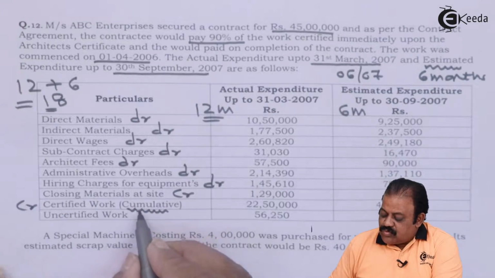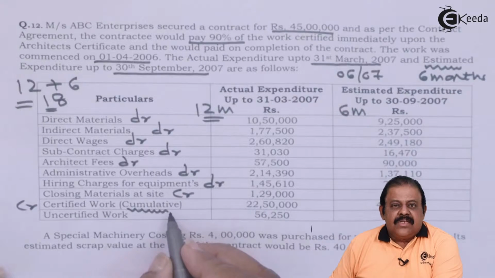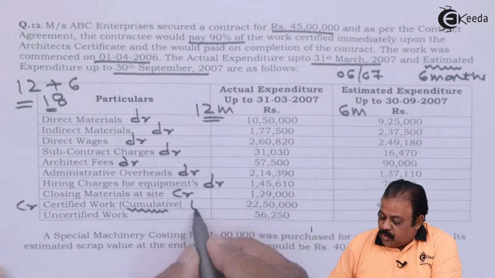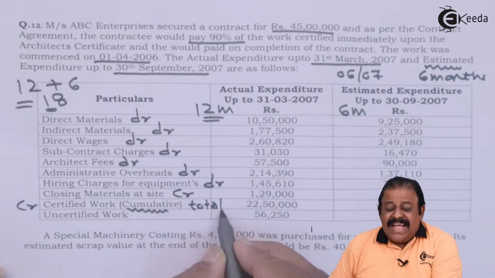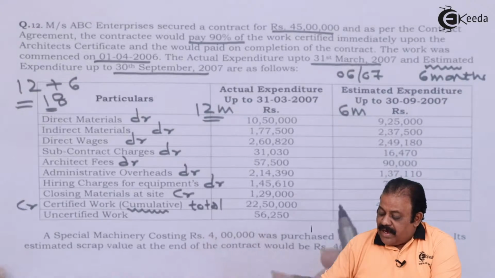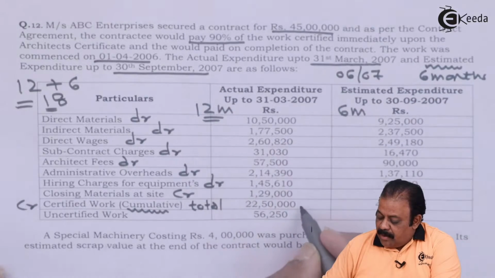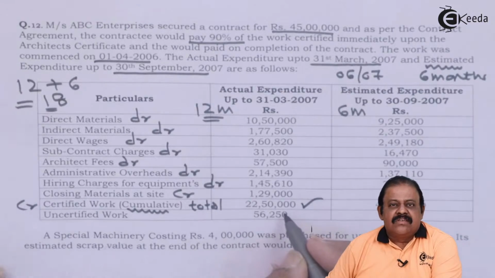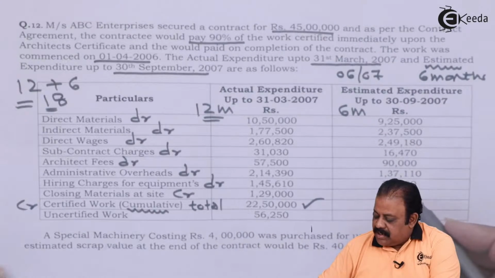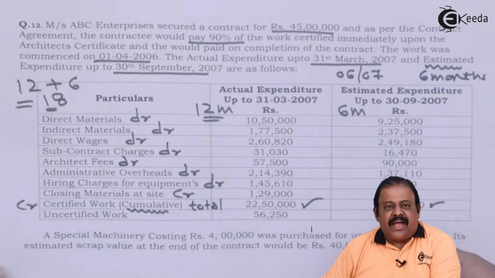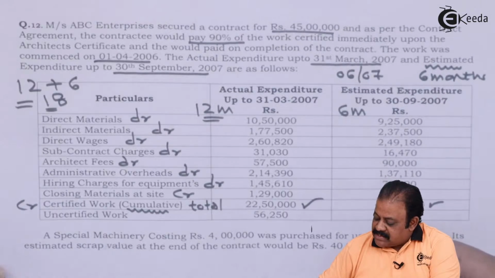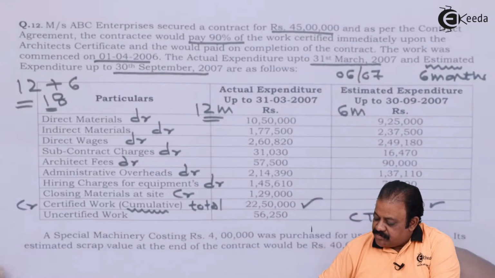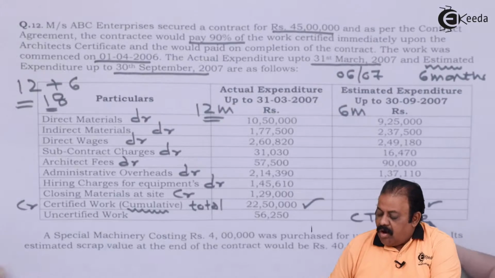Now here they have used the word cumulative. The word cumulative here stands for total, aggregate. They show that up to 31st March, the amount of work certified was 22,50,000, whereas on 30th September, the value given is 45 lakhs. This 45 lakhs is the amount of contract price.